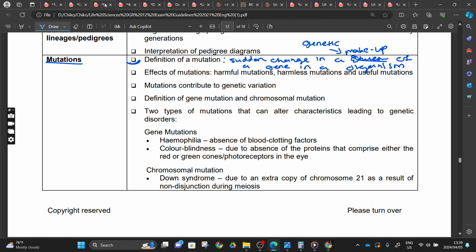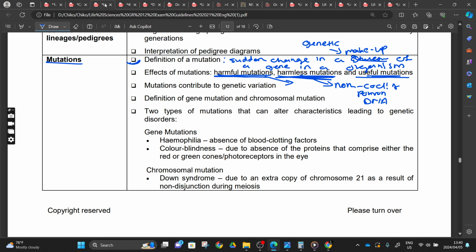We are just passing by, and then we said the effects of mutation: it's either harmful, harmless, or useful, right? When a new protein is being produced, we can say it's harmful. When the mutation is taking place at a non-coding portion of a DNA, we can say that the mutation is harmless.